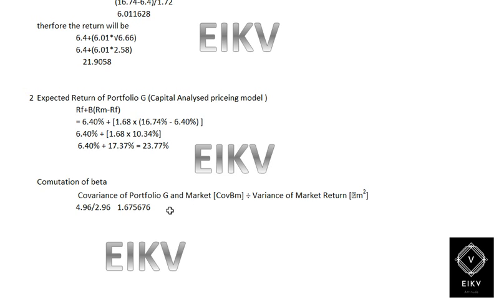The variance of the market return is 2.96, and the covariance of the portfolio would be 4.96. So 4.96 divided by 2.96 will give you 1.67, which is taken over here as beta, and the final answer would be 23.77%.